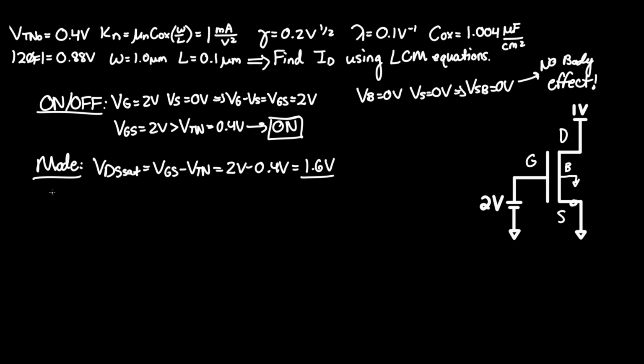Now we need to see what VDS is in comparison with VDS sat. We can see that VD is 1 volt as it is connected to this node here, and VS is again 0 volts. So VDS equals 1 volt. Now compare this to VDS sat.